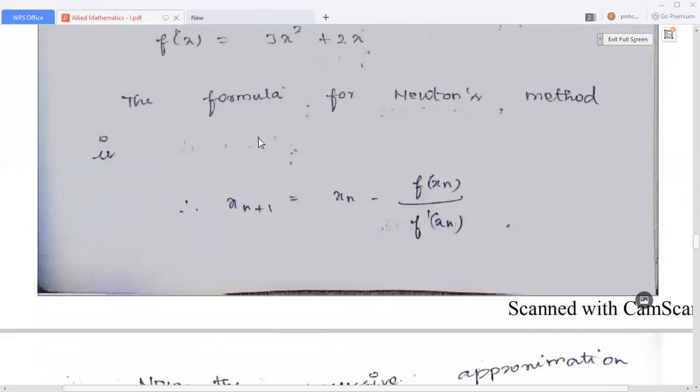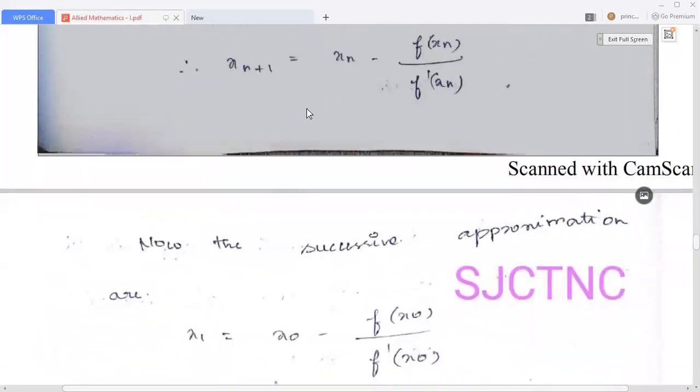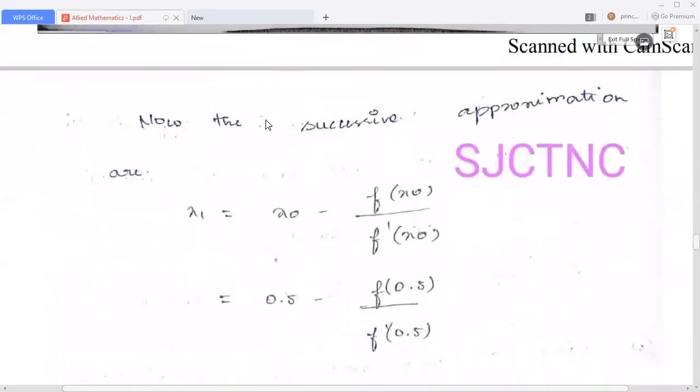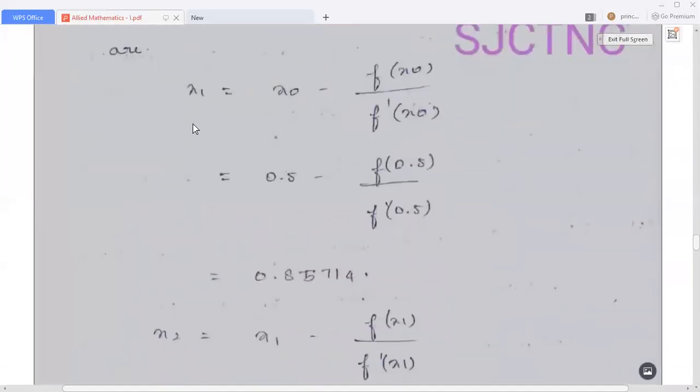The formula for Newton's method is xn plus 1 is equal to xn minus f of xn by f dash of xn. Now we calculate the successive approximations. The successive approximations are x1 is equal to x0 minus f of x0 by f dash of x0. Here we substitute the value for x0.